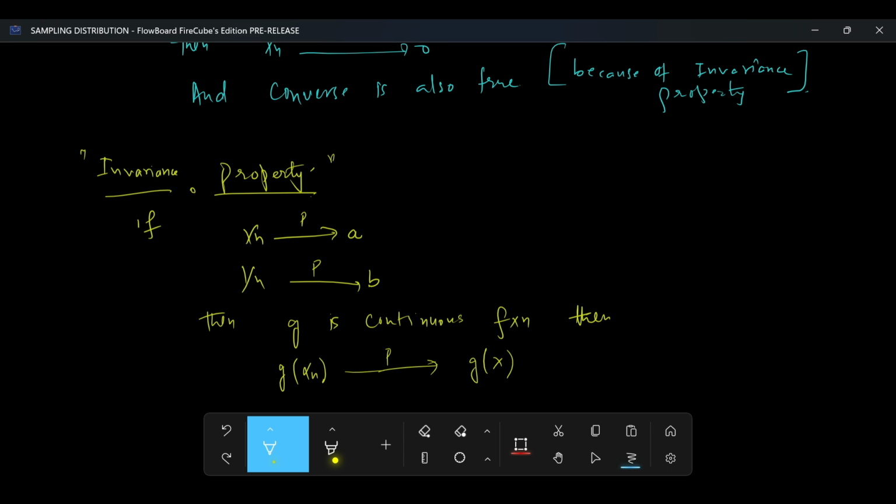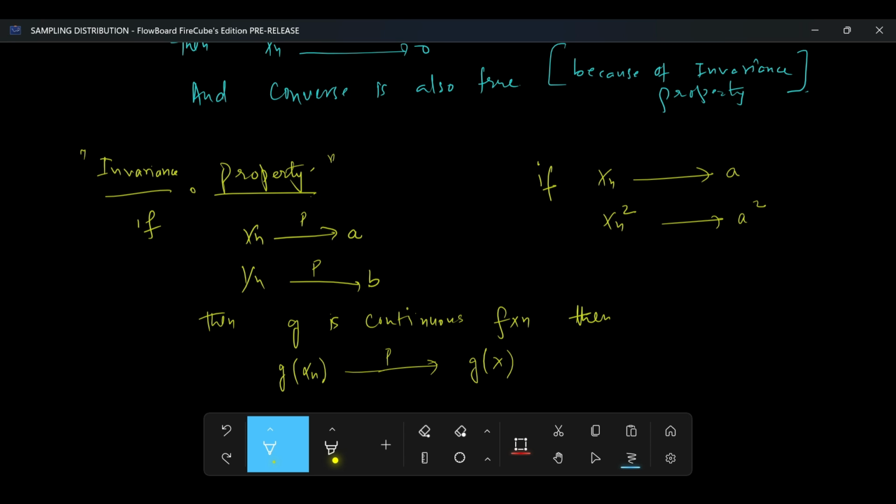See, g is a continuous function means here, if sequence Xn is converging to a, Xn square is converging to a square. Let's suppose g(x) is 2x. Is 2x a continuous function?